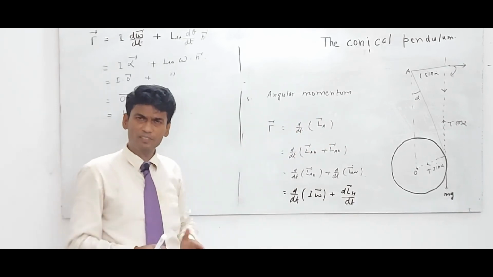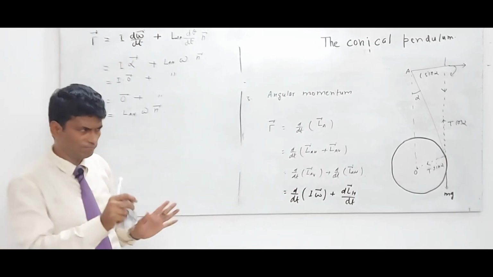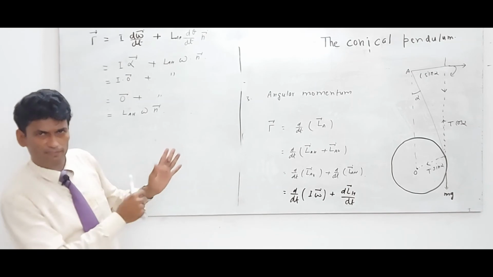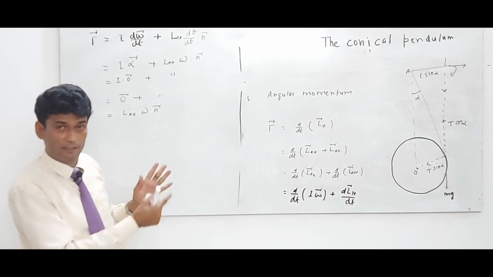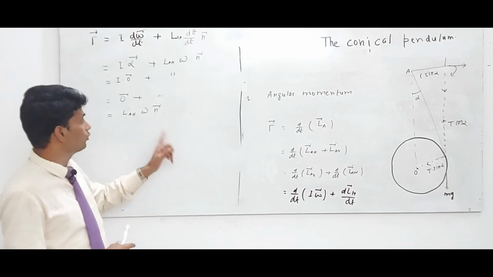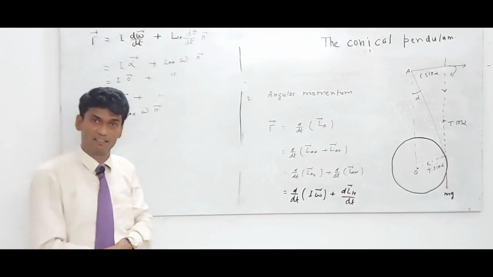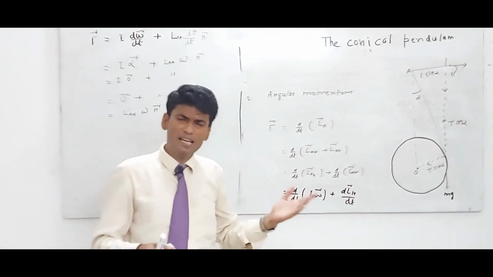But here in case of class 11 and 12, we just settle on torque equal to I alpha. But in one of the problems, the conical pendulum, we have to consider these two terms as well, and maybe in many more cases.